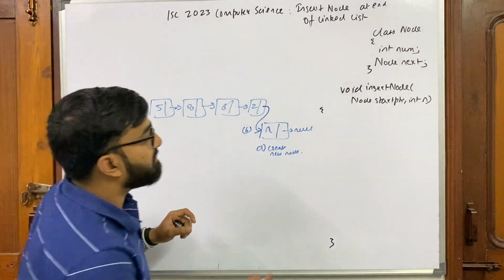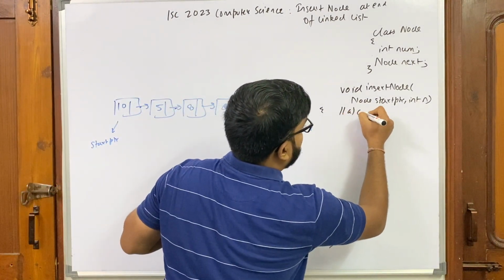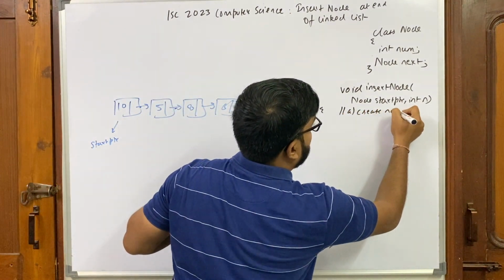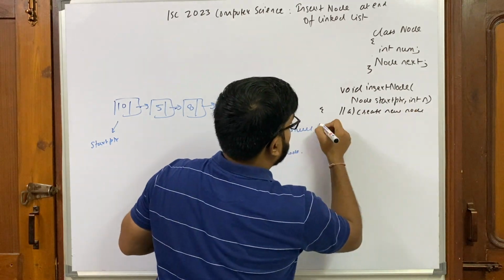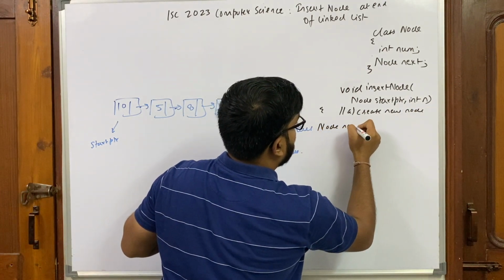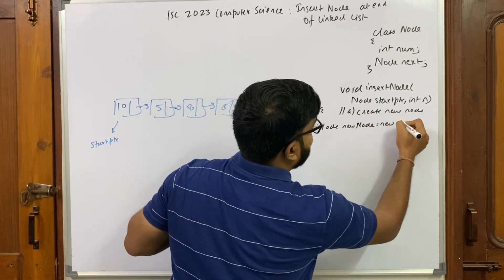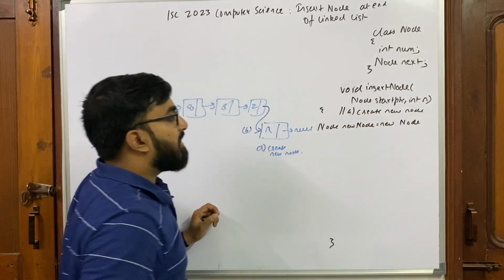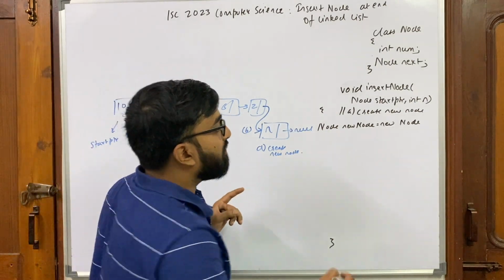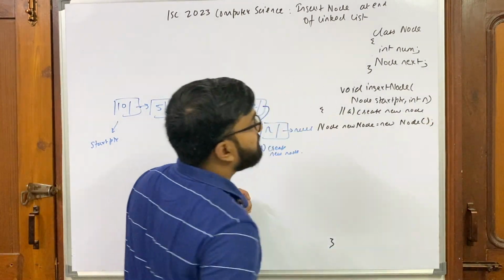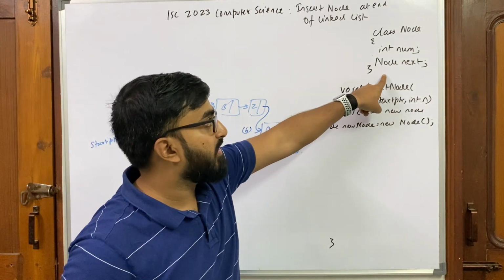The first one is create new node. So we do Node newNode, the name of my new node, equals new, using this new keyword, okay? And when I'm creating this object, I call the default constructor because there is no constructor defined in this class.